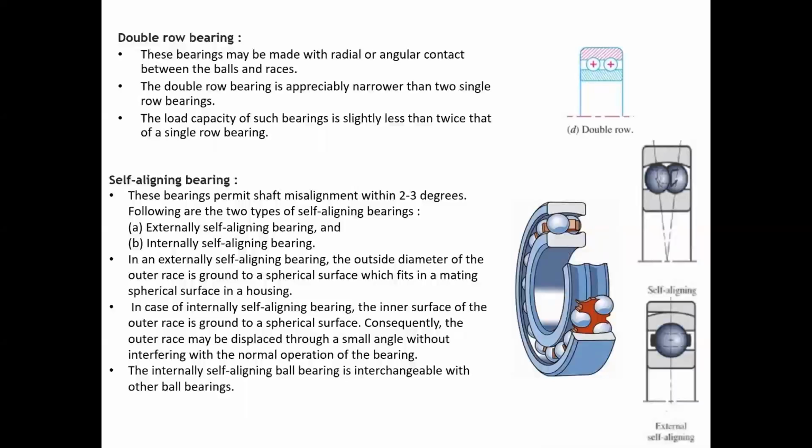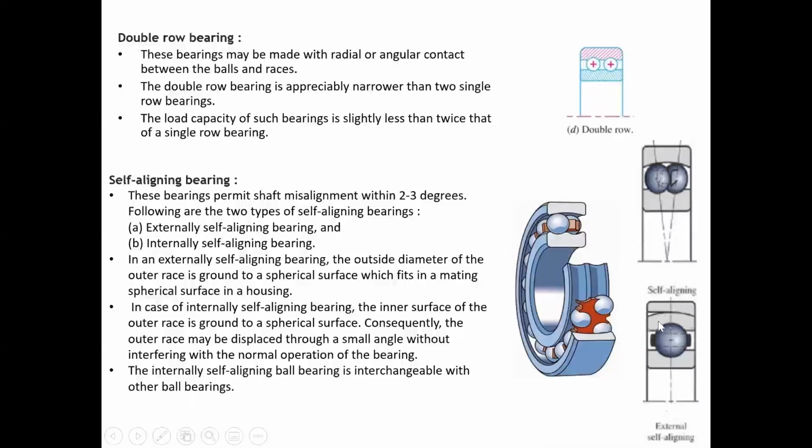If we provide the spherical surface at the inner surface of the outer race, then the bearing is known as internally self-aligned. If we provide the spherical surface at the outer surface of the outer race, which will be matched with the housing and create the wedging action, like in this figure, you can see the arrow of the mouse.